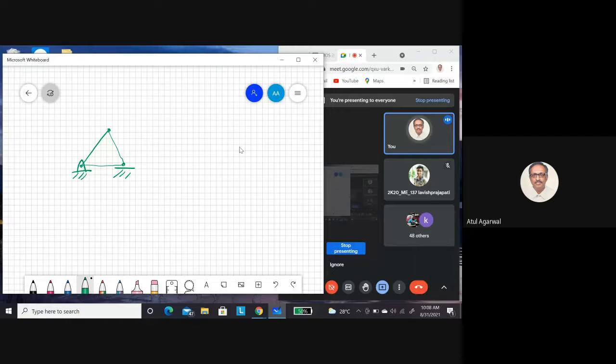It's a triangular configuration, and you apply the load at the nodes, at these joints. So members or bars are connected with pin joints.